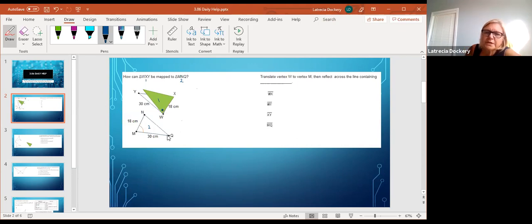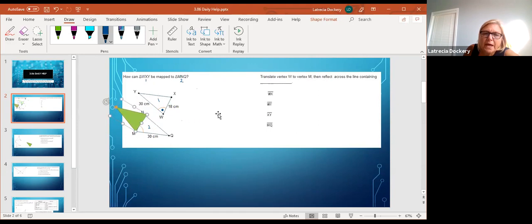Okay, that's my vertex W. I want to translate that to vertex M. So I'm going to grab my triangle. Oh, I put the dot on the wrong one. Guess I can't do that. All right, so we're going to take W and translate it to vertex M.